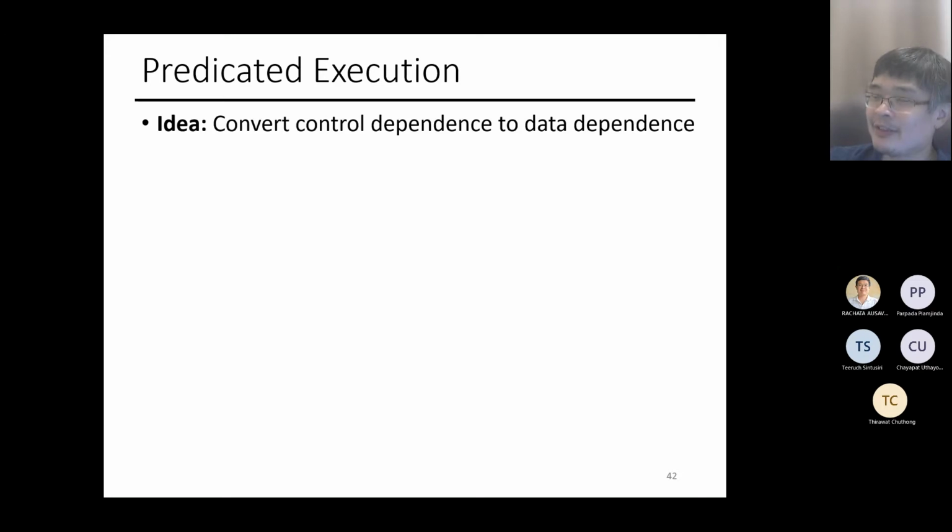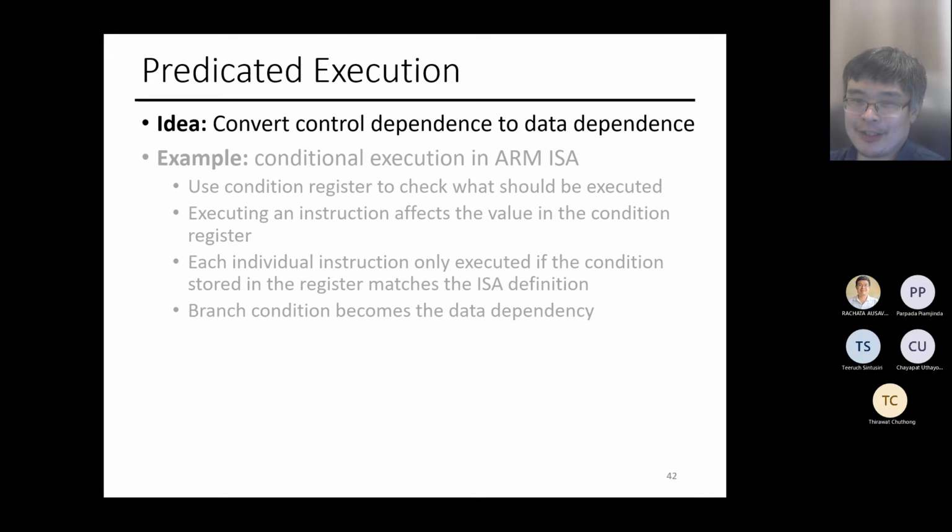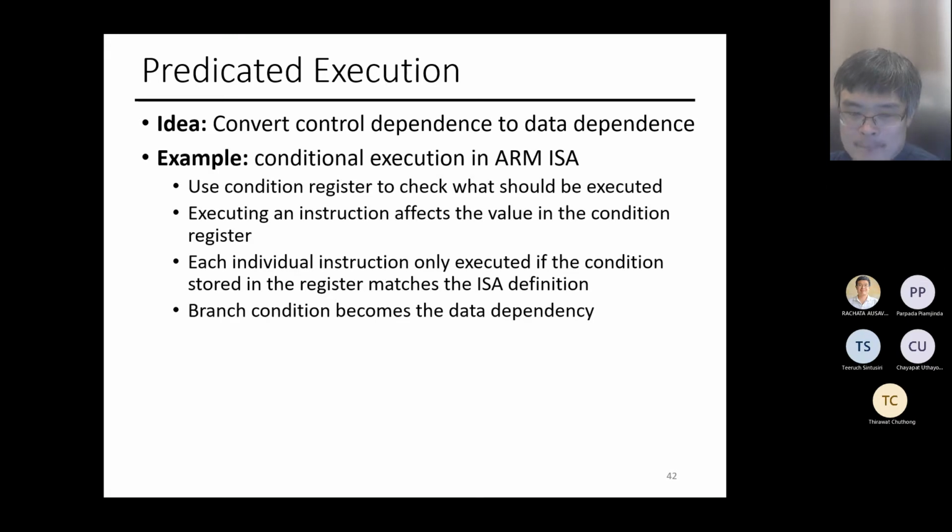The way predicated execution works is you change control dependence, so you don't wait for the outcome of your branch. You convert that to data dependency, because if you know from the pipelining and data forwarding lecture, with data dependency you don't have to stall. An example is in ARM, where you can use a conditional register to check whether to add or subtract.